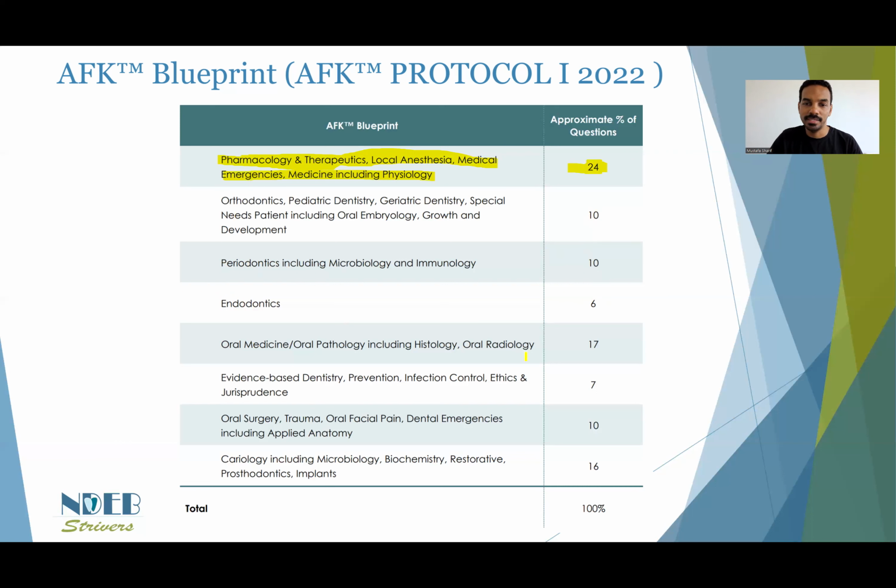Oral medicine and oral pathology, including histology and oral radiology, takes 17%, which is also a huge percentage. It's the second most important category after the pharmacology and therapeutics category. And then we have evidence-based dentistry, infection control and ethics, which takes 7%.